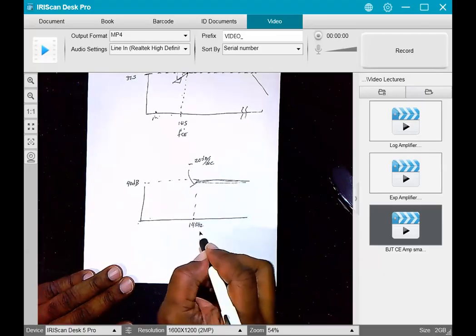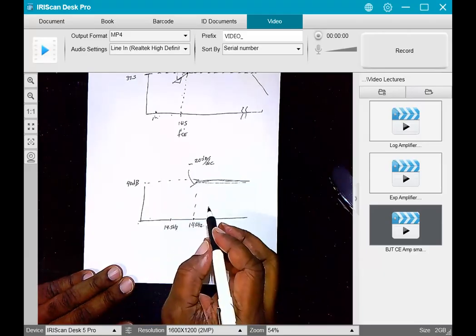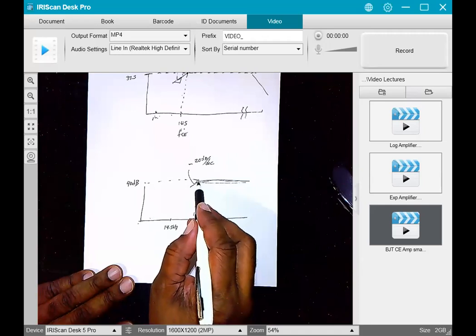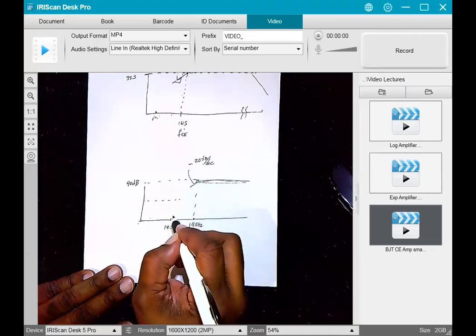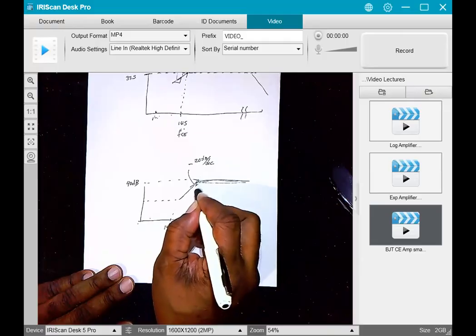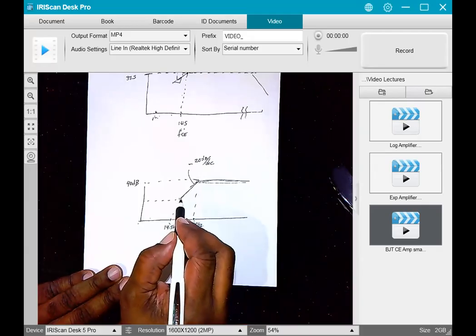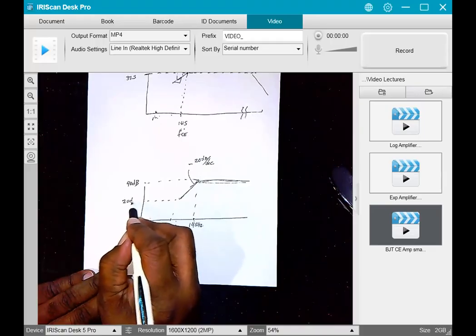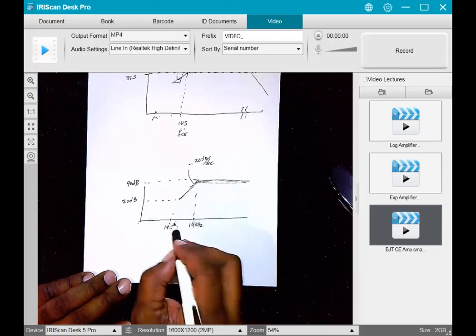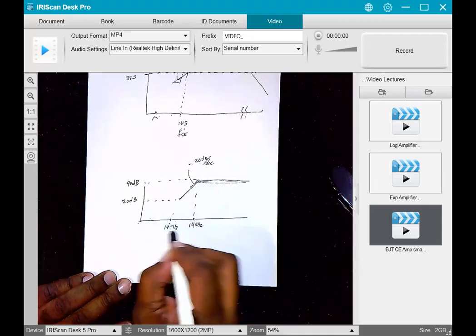So down here at 145 divided by 10, or 14.5 hertz, our gain would be down by 20 dB. 20 dB down from 40 is 20. So 1 decade down in frequency, my gain has decreased by 20 dB. So this will be 20 dB. Another factor of 10 down from this, which would be what, 1.45 hertz.